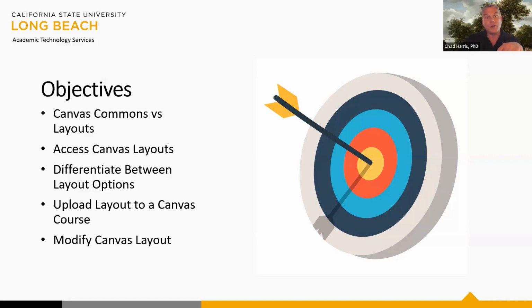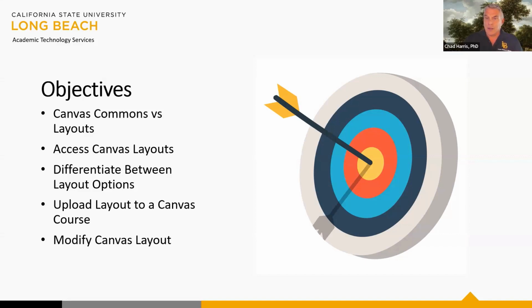So we'll show you a little bit of how to navigate around there. We'll differentiate between the different layout options that we have for you. You can practice uploading a layout to your Canvas course. We'll show you how to do that. I'll show you how to modify the layouts. And then we hope after today's workshop, you give ATS Canvas layouts a try when you're building your courses.